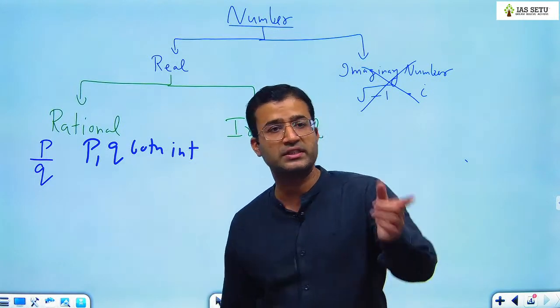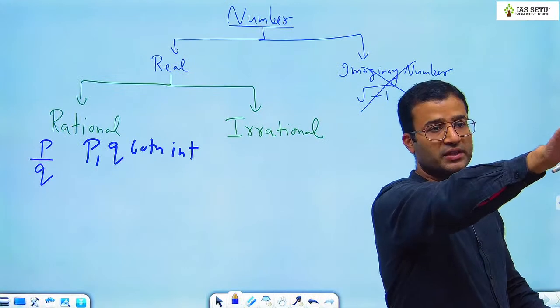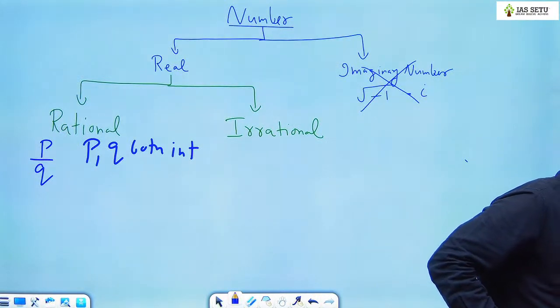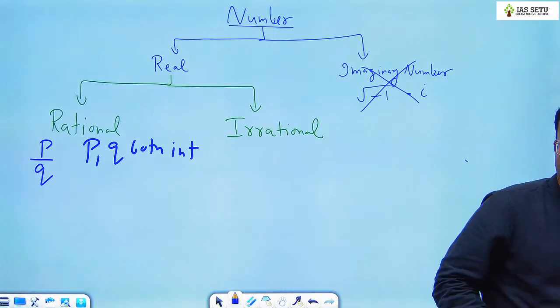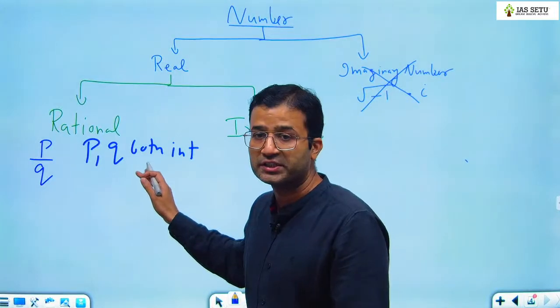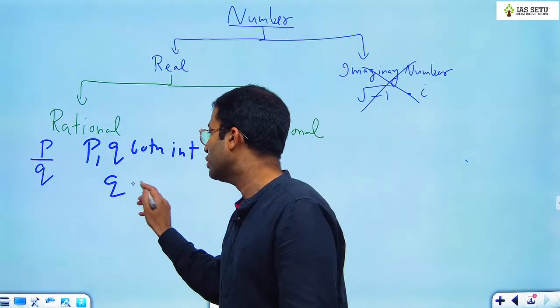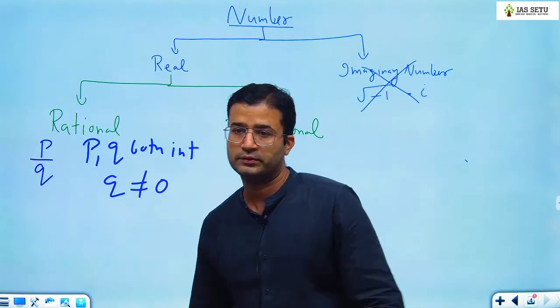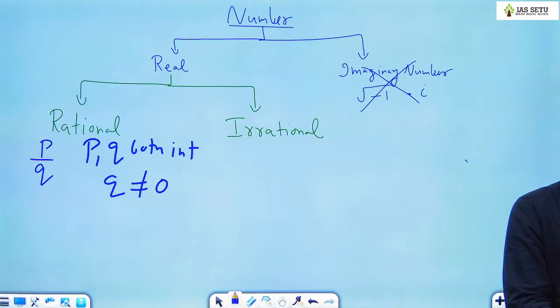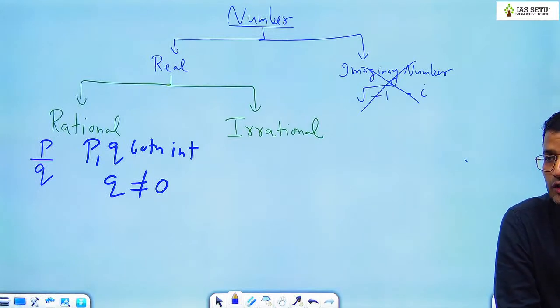In the last, is it visible? Yes, we can write in the form of P by Q, but the next point is where P and Q both are integers, and next is Q not equal to 0. Why do we say Q cannot be 0?